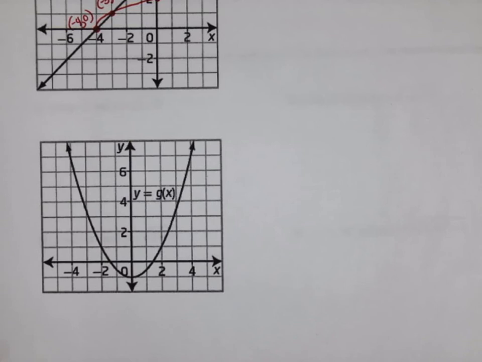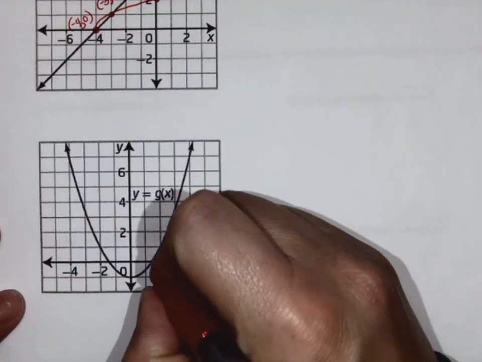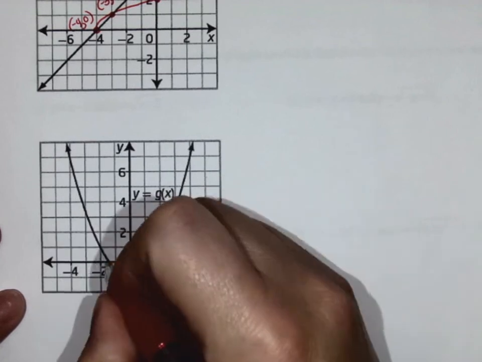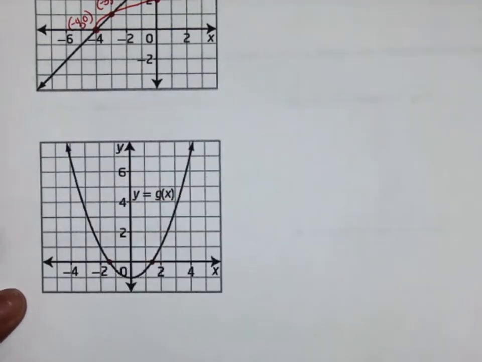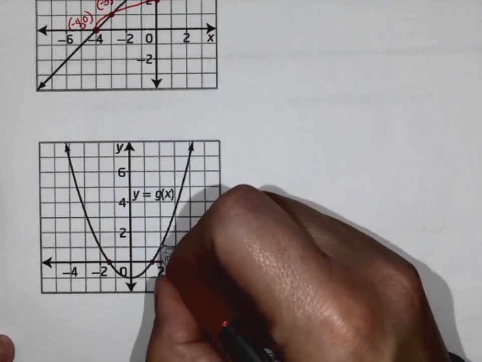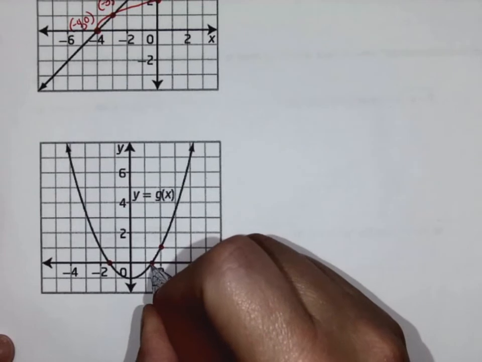Okay, so what are my key points? Are these ones nice? Do I care? I do care, but I don't even have to label them. So where are my next favorite points? I did the y equals 0 here.